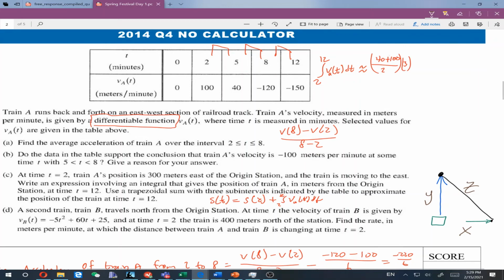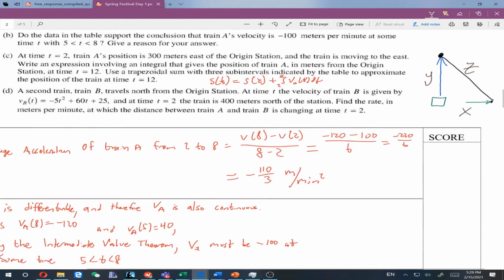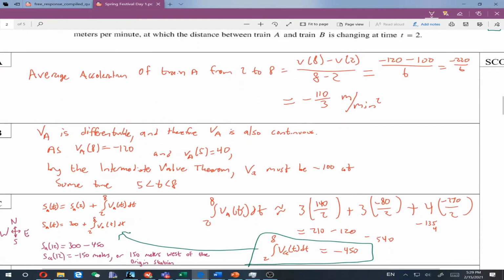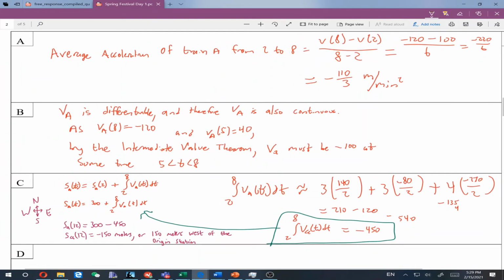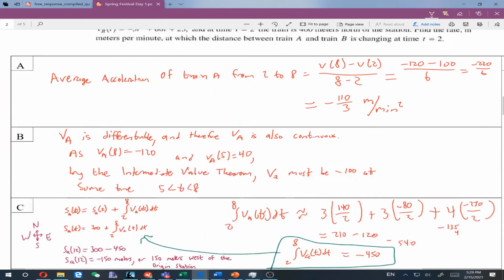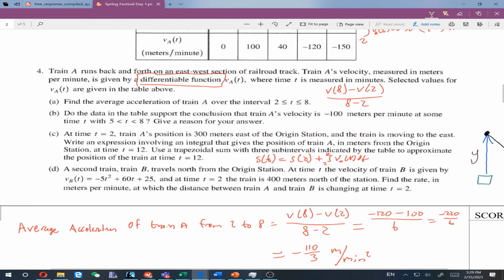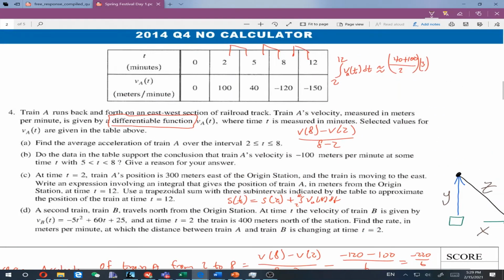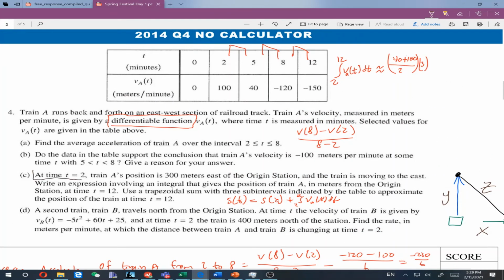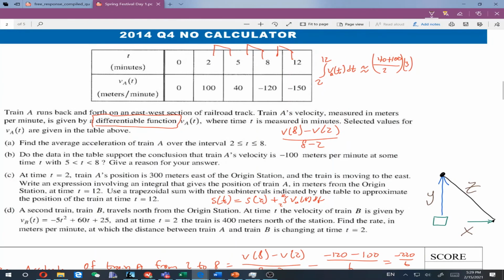You've already given me earlier a way that we could get the position of train A using Riemann sums. Actually, we were told its position at t equals 2, I think, directly. Yeah, train A's position is 300 meters east of the station. So we know x is 300 exactly at this time.